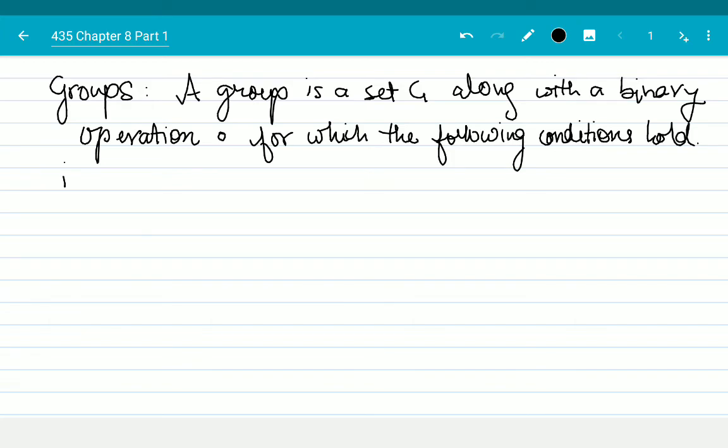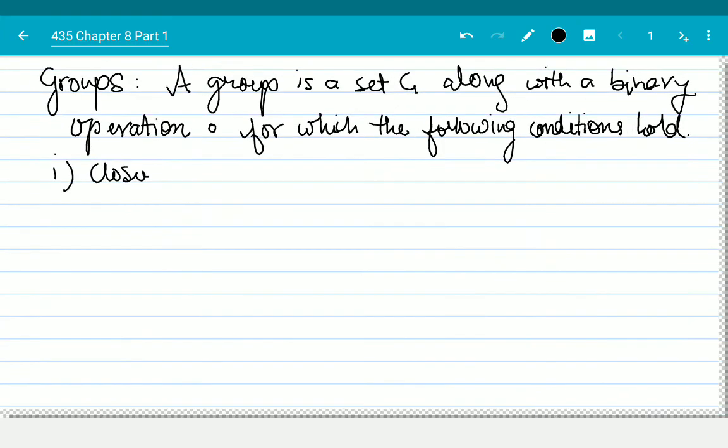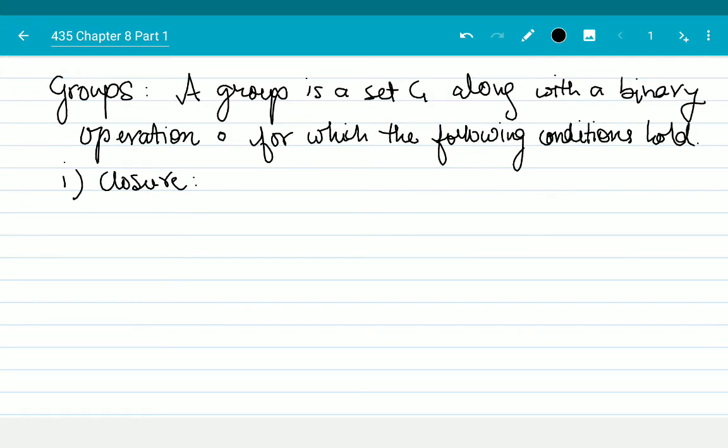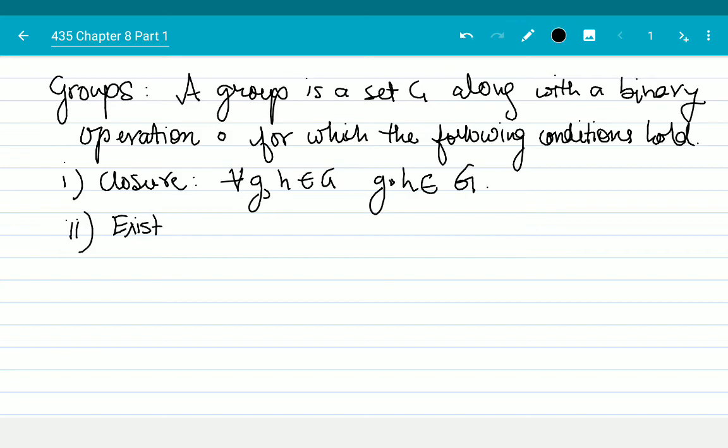Okay, first, closure. What does that mean? If you take any elements g and h, for every g, h belonging to G, g composed h, or g times h, should also belong to G. Second, existence of an identity.